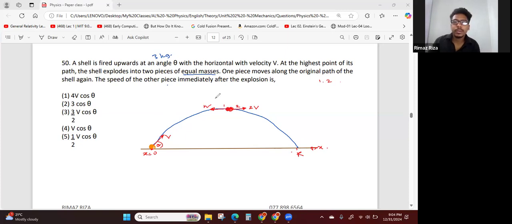So if the particles have equal masses after they explode, the range will be equal to the initial range if it didn't explode. Because if you consider it explodes into two equal masses, then to maintain the momentum, for example, let's say the mass is 2m moving with velocity v.